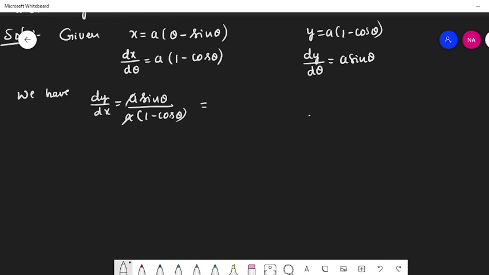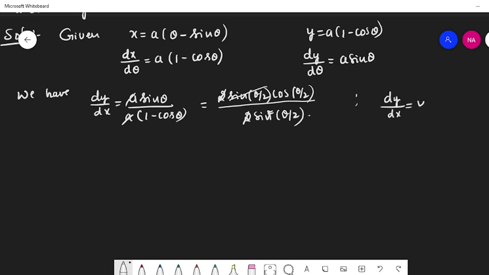Sin theta by 1 minus cos theta, I have to use half angle formula: 2 sin of theta by 2 into cos of theta by 2 by 2 sin square of theta by 2. So I get dy by dx, that is y1, equal to sin cos by sin, right? That is cot of theta by 2.